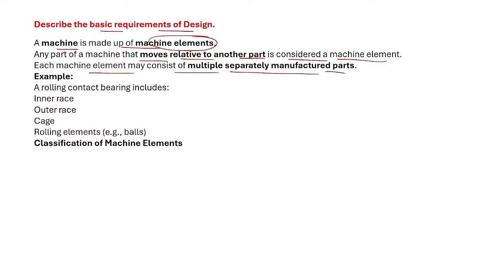All those processes are different from each other, and the products manufactured by different processes are assembled together in order to perform a desirable function. You could take an example of a roller contact bearing, which involves the inner race and outer race, and all these things are kept inside some casing.